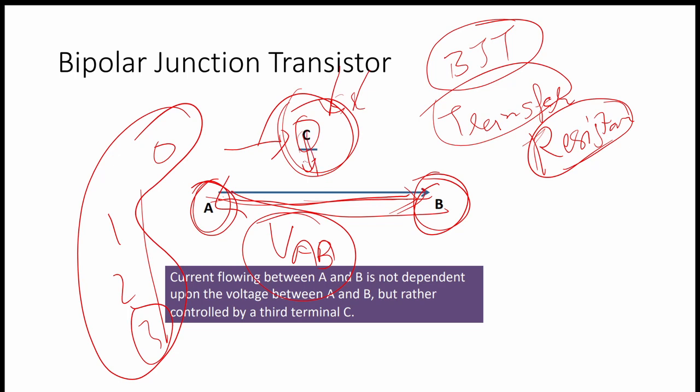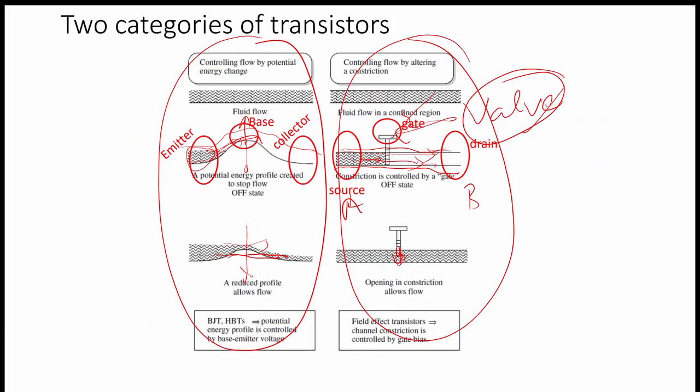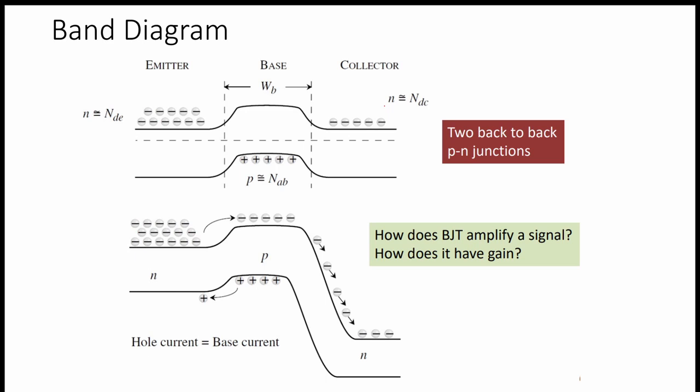We are giving the current at this point, and this is the current controlled transistor. Another thing is, this is bipolar, meaning both electrons and holes are flowing in this kind of transistor.